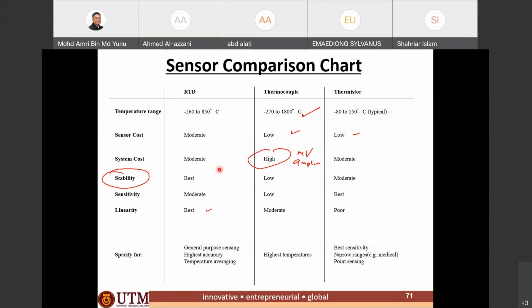But in terms of the whole system, thermocouple is the highest because it requires a dedicated signal conditioning circuit. As for RTD and thermistor, the system cost is low.